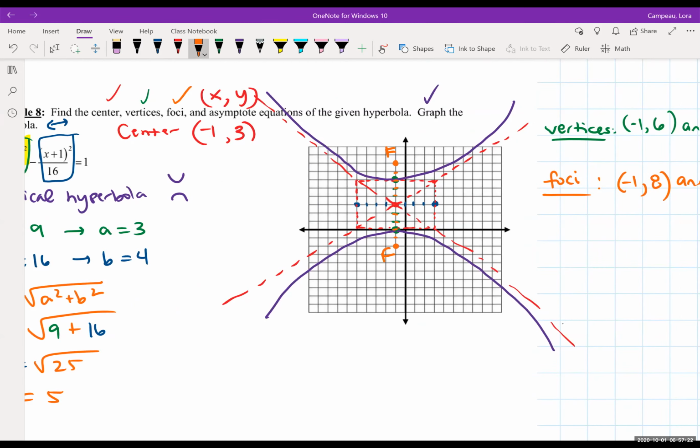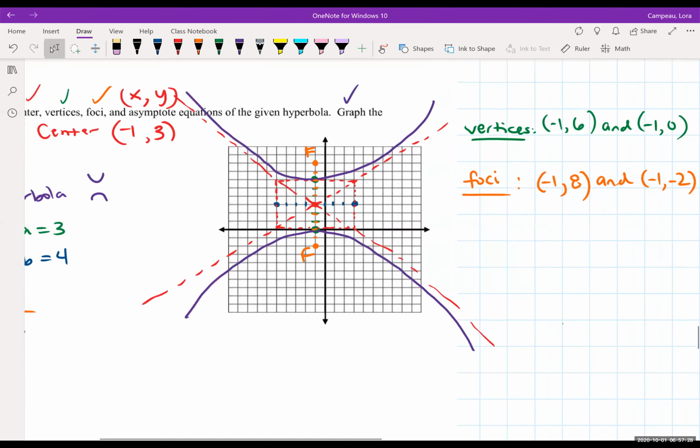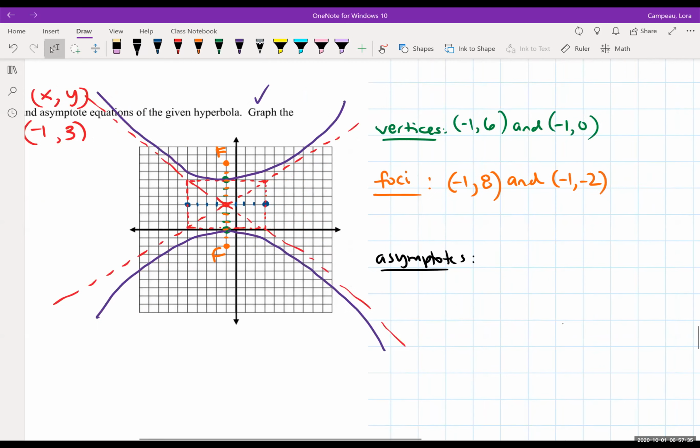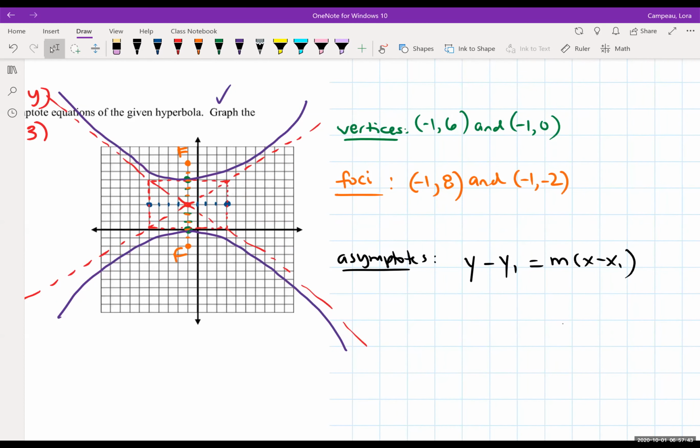So I do want to point out, because we do have a shifted hyperbola, when you make the asymptote equations, you are going with a point slope form. Okay, so remember point slope form, y minus y1 equals slope times x minus x1. But as we develop this, I'm just trying to connect this to something I already have down. The x1, y1 actually has to do with h and k.